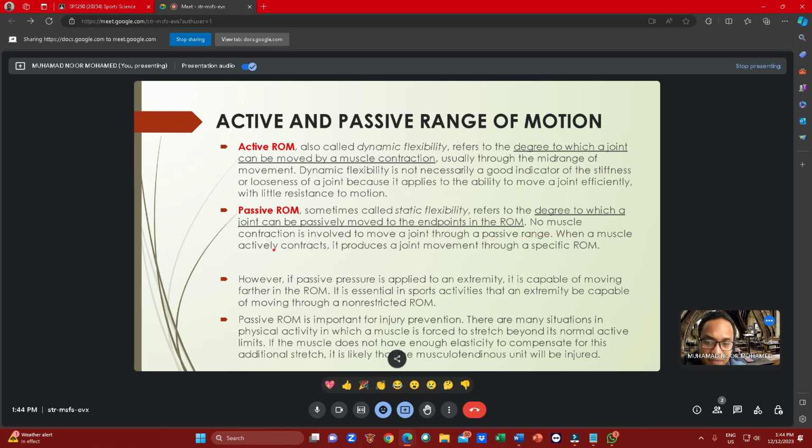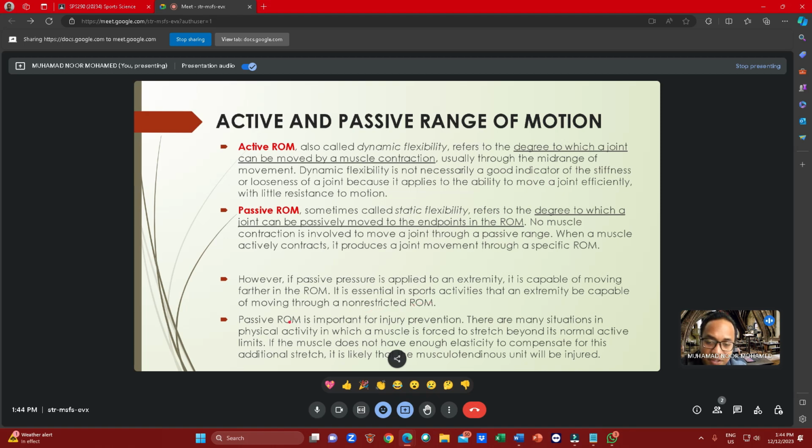When a muscle actively contracts, it produces a joint movement through a specific range of motion. However, if passive pressure is applied to an extremity, it is capable of moving further in the range of motion. It is essential in sport activity that an extremity be capable of moving through an unrestricted range of motion.